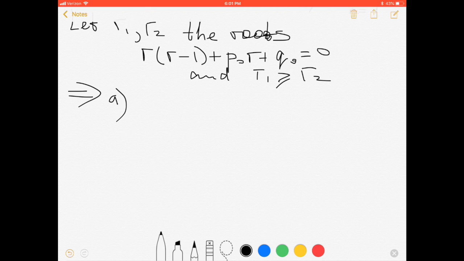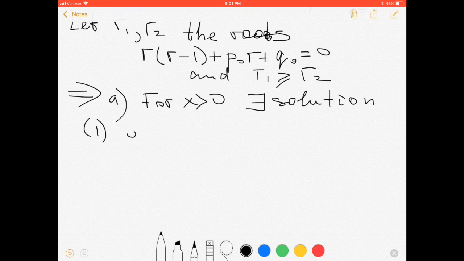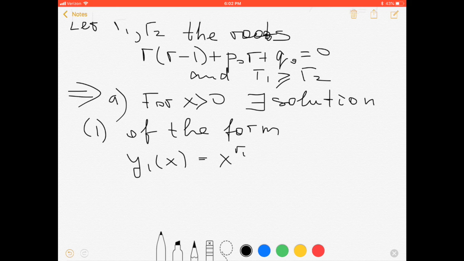First, for any positive x, there exists a solution of equation 1 of the form y1(x) equals x to the power r1 times the sum of a_n x to the n power from 0 to infinity, where a0 is non-zero.